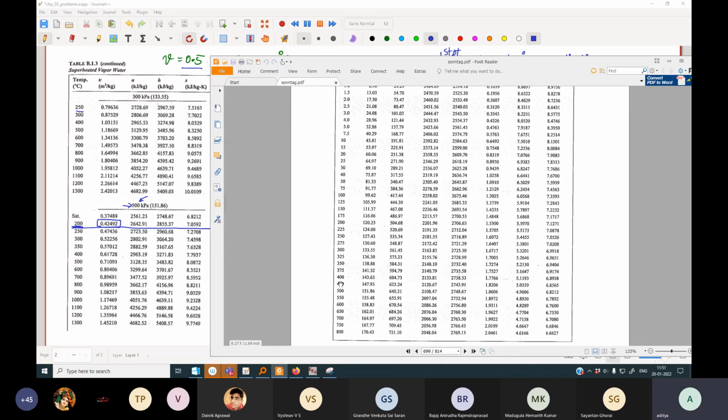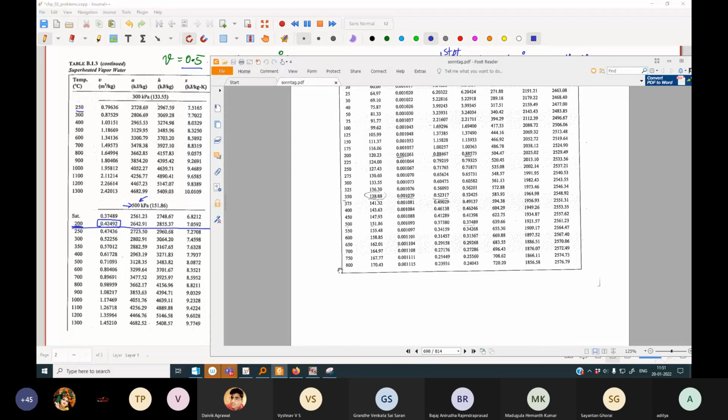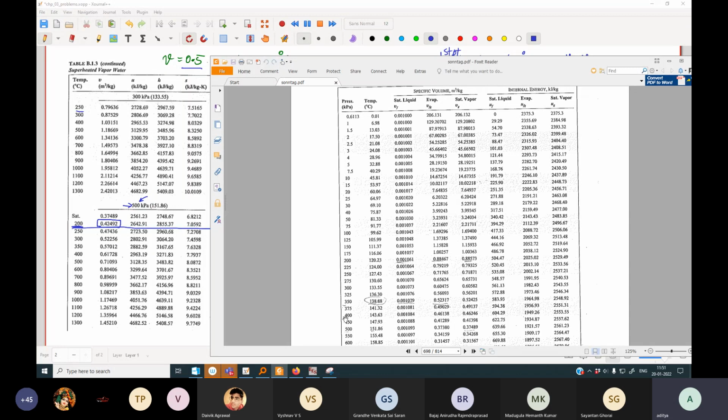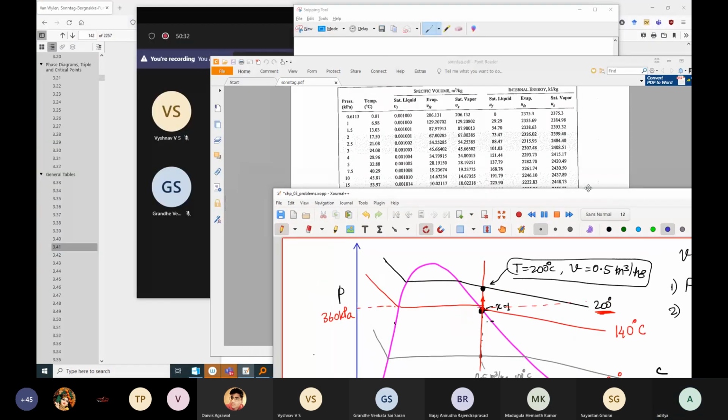So at 400 kilopascal, we have a saturated vapor specific volume of 0.46246 meter cube per kg.